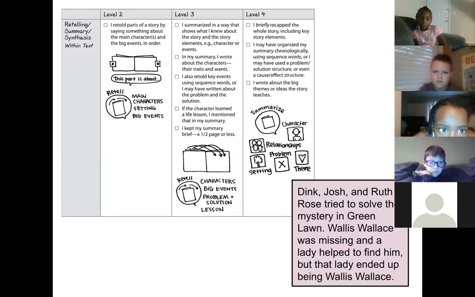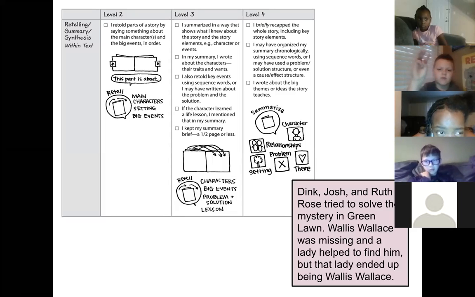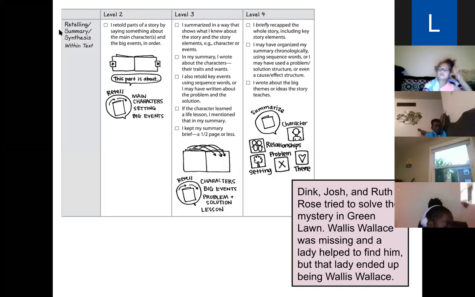Dink, Josh, and Ruth Rose tried to solve the mystery in Green Lawn. Wallace Wallace was missing and a lady helped to find him, but that lady ended up being Wallace Wallace. Do you think this was a level 2 summary, a level 3 summary, or a level 4 summary? What do you think? Let me go ahead and see your fingers. What do you think? Okay, I see Caitlin's fingers.